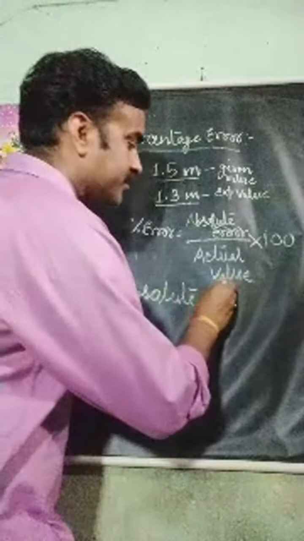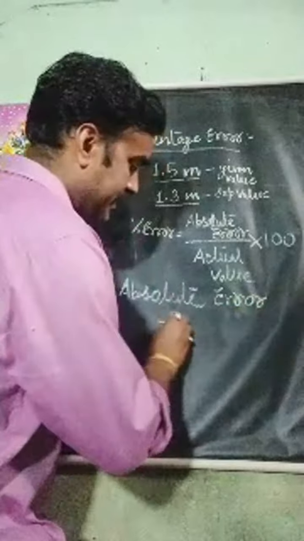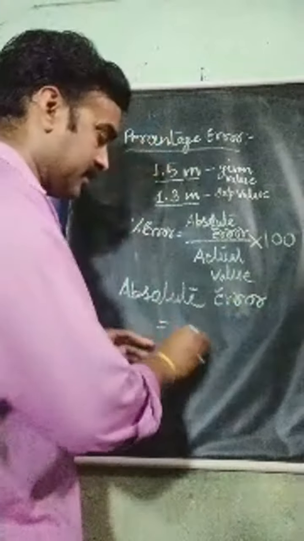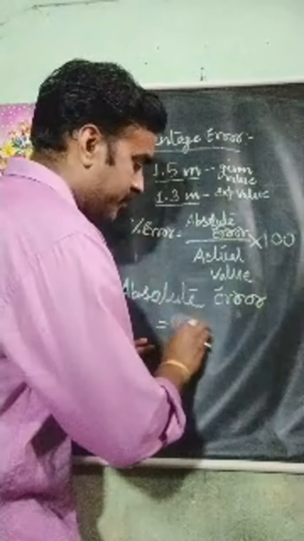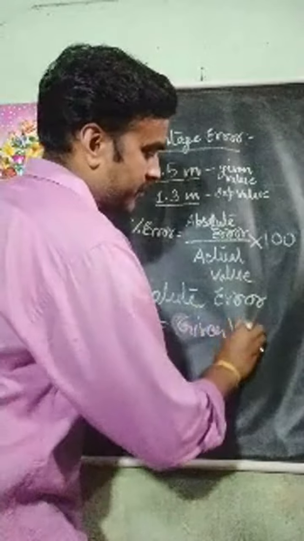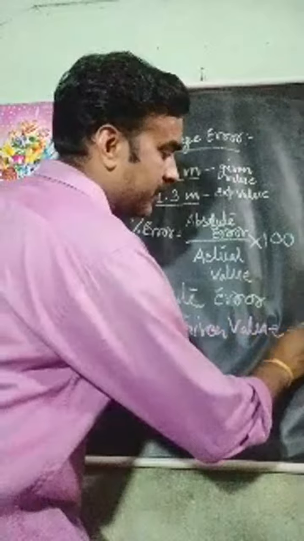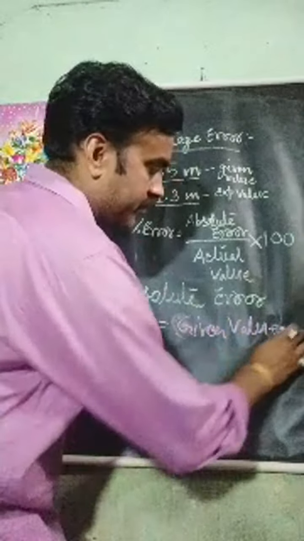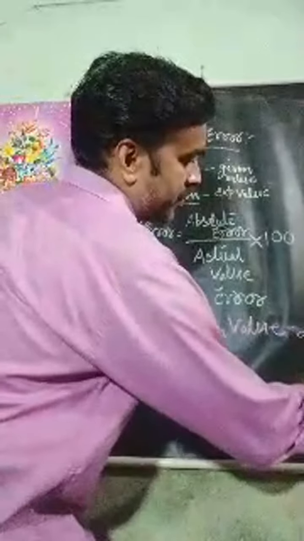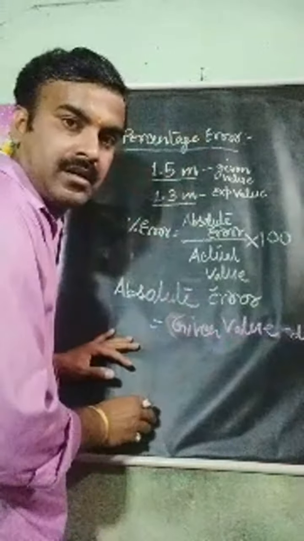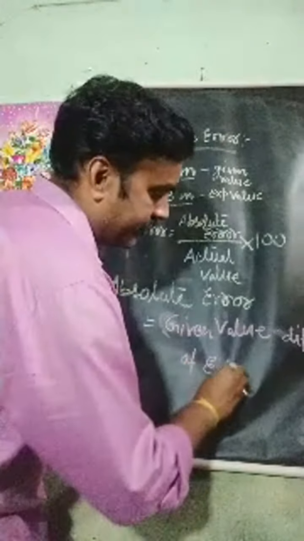Absolute error is the difference between the given value and the experimental value.